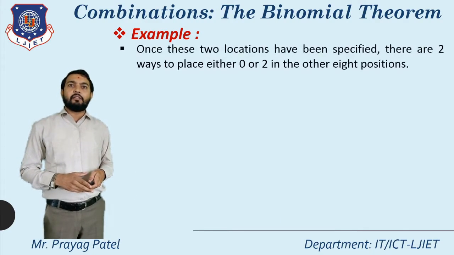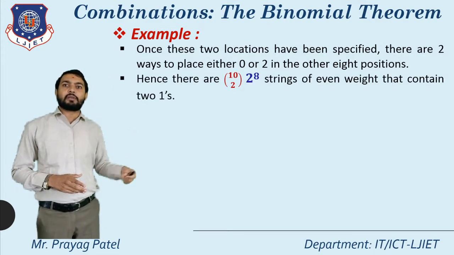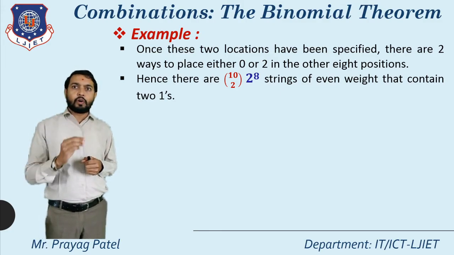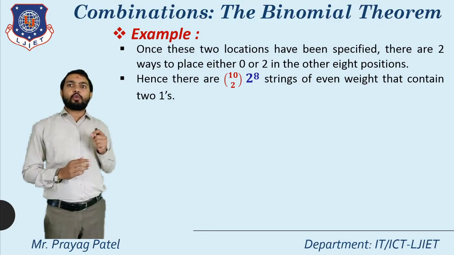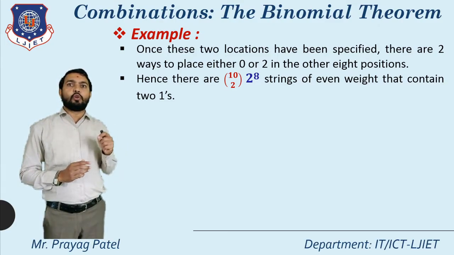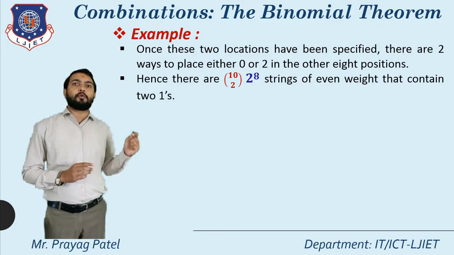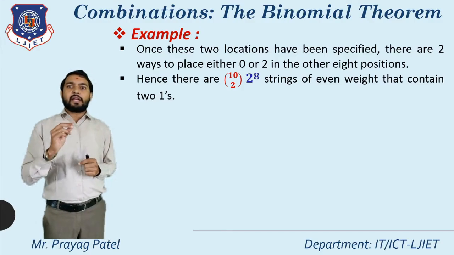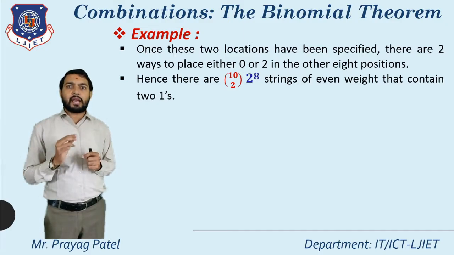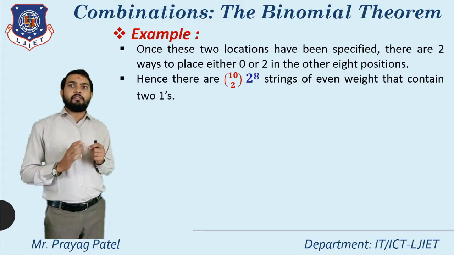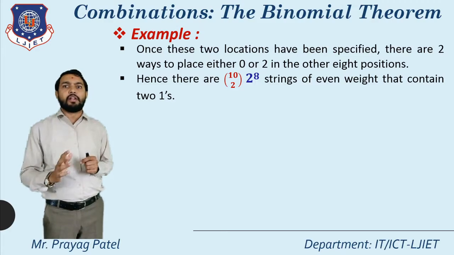Once these 2 locations have been specified, there are 2 ways to place either 0 or 2 in each of the other 8 positions. So with 2 ones available in our string, C(10,2) ways are possible for putting the ones.